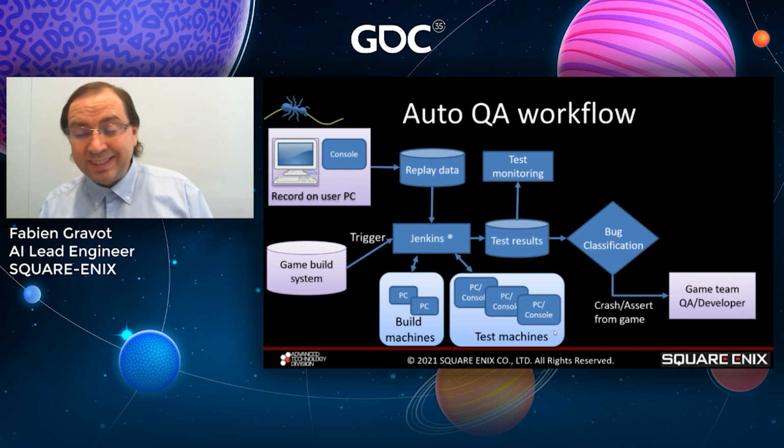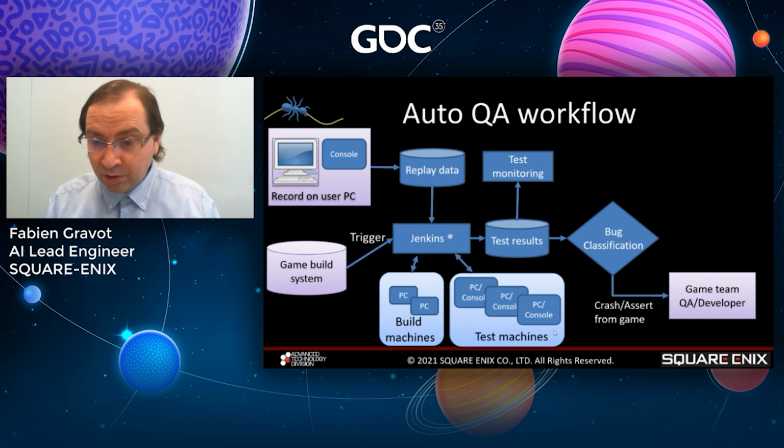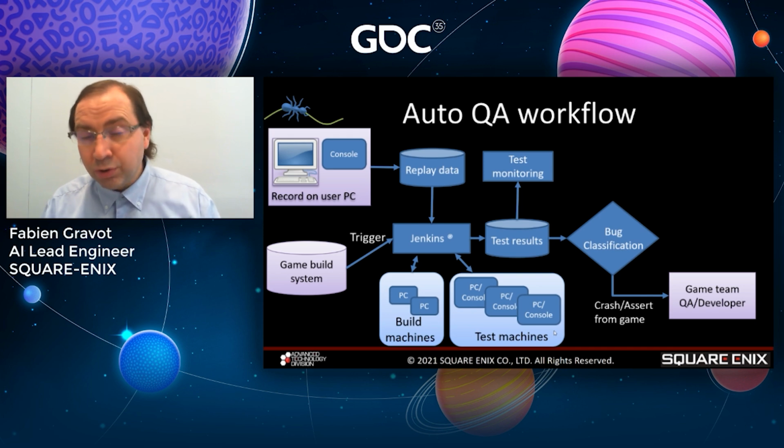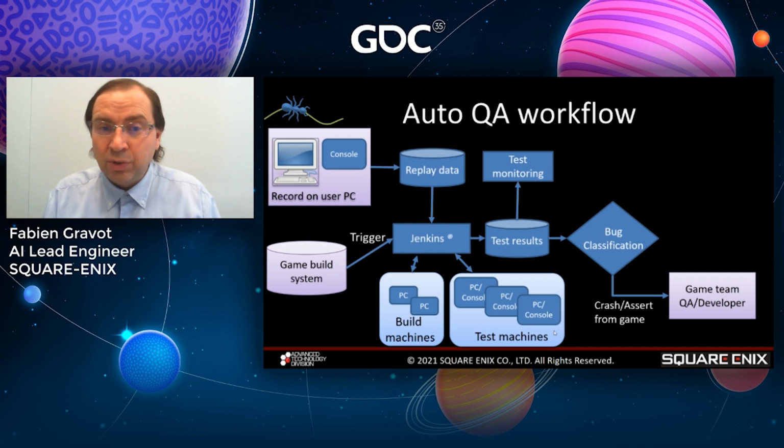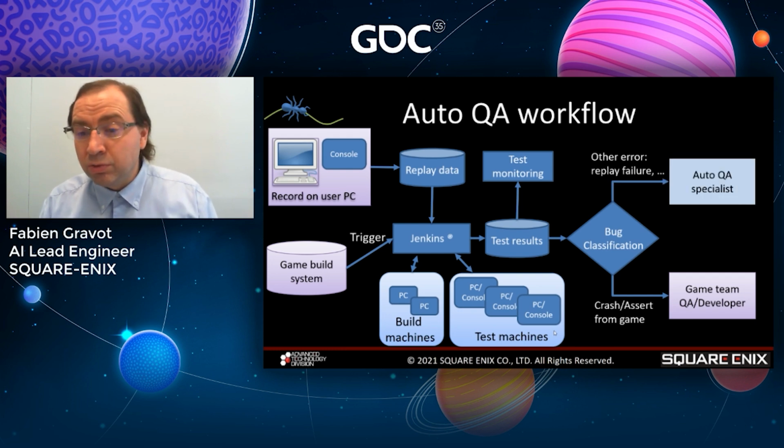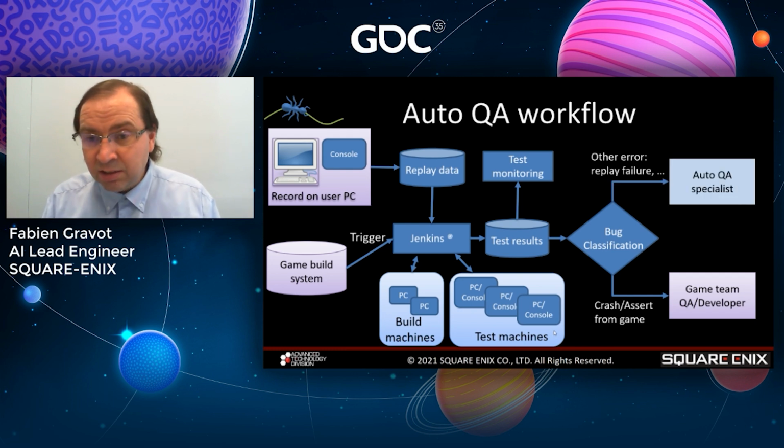Some of them will be sent directly to the QA team or to the game team because they are asserts and crashes and we are sure that they are related to the game. And some of them will go to some AutoQA specialist.